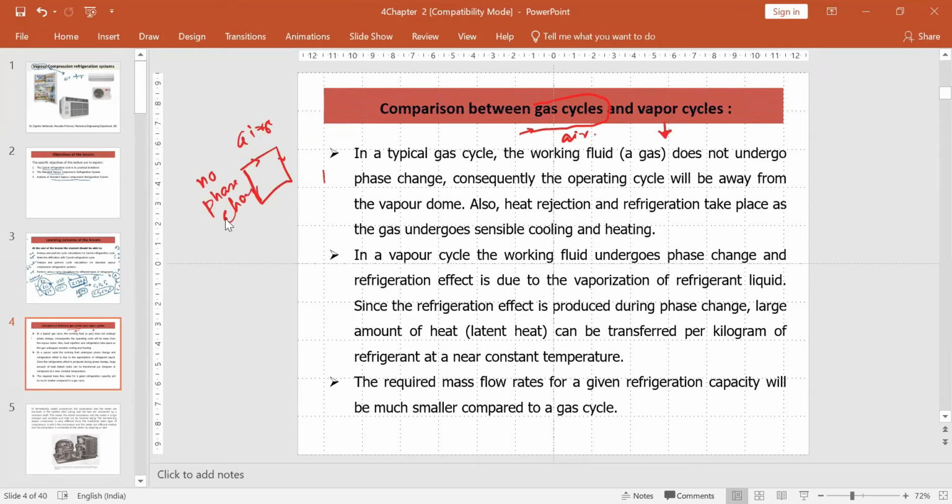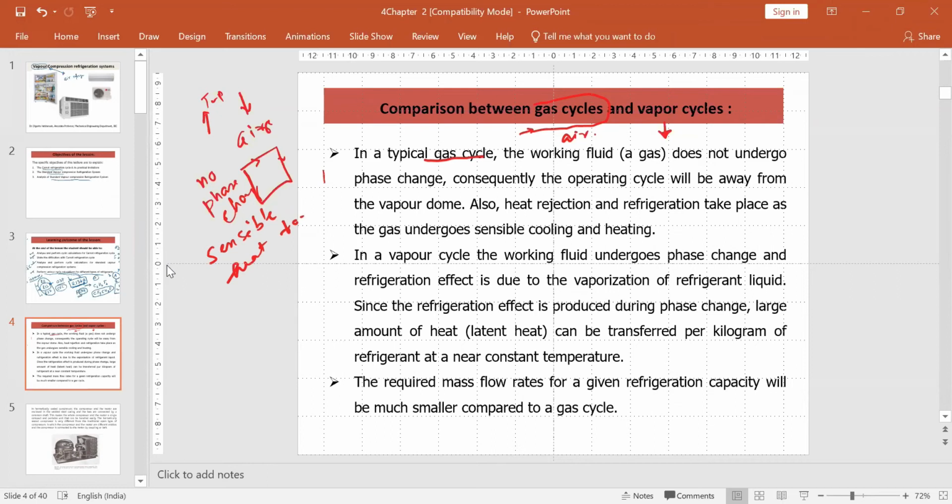Only the temperature goes up, and in a certain portion of the cycle, the temperature goes down. That means there is only sensible heat transfer. You see the word sensible heat transfer.